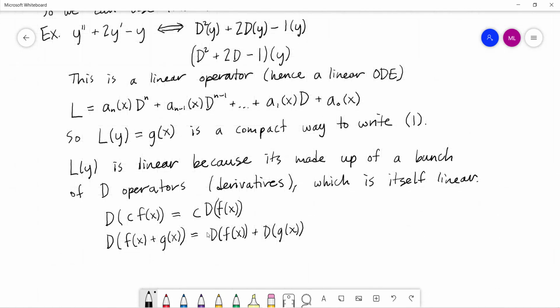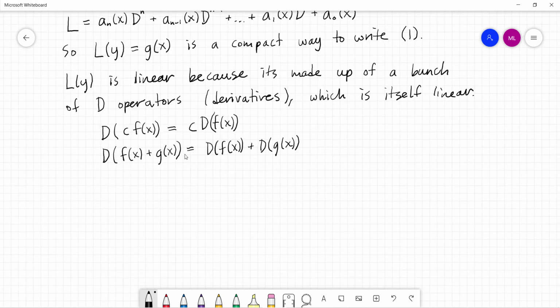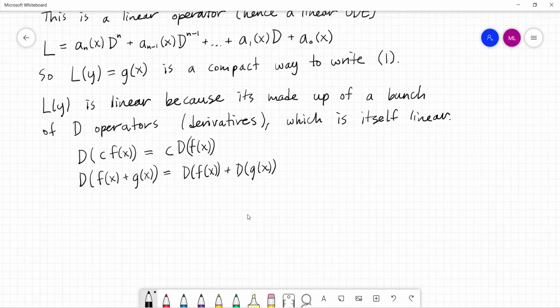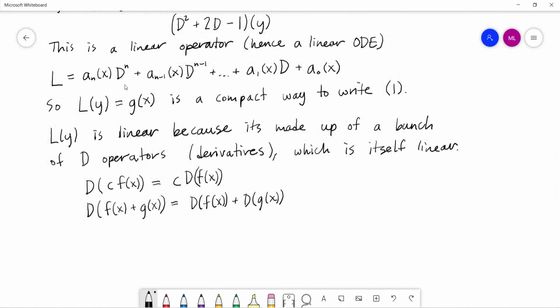If we were to extend this, we could write the exact same thing of what we've got here. It would just be a much longer thing to write out, which is why I'm avoiding writing it, because it'll take up like half the screen. But basically, each one of these pieces here is a linear operator. And so we've just constructed a big linear operator of all these individual linear operators, which is the derivatives.